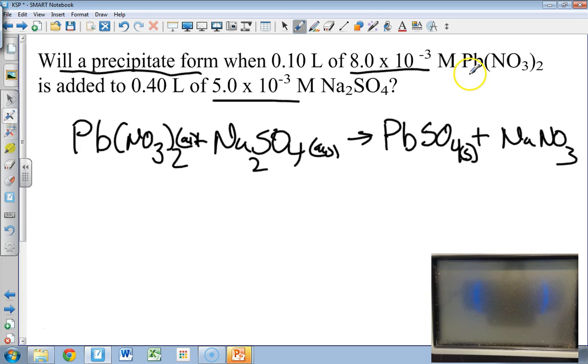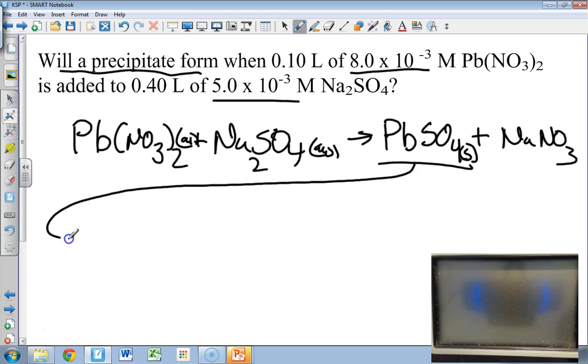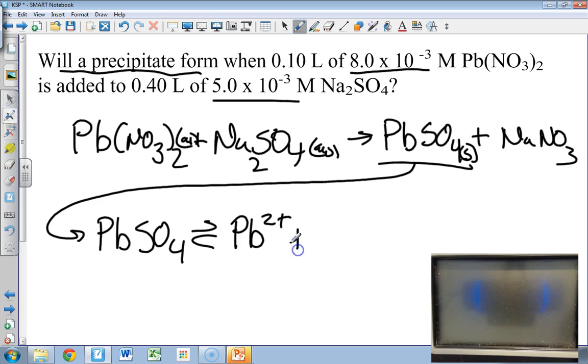So this is a double replacement reaction. This is the product of the double replacement reaction. So what we want to do is take this and know how much lead sulfate there will be once we do the reaction.